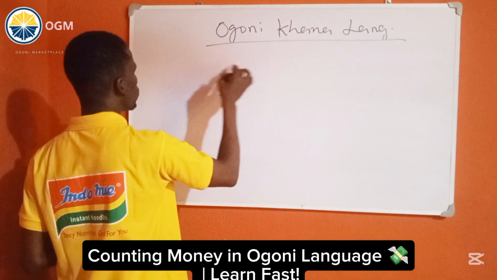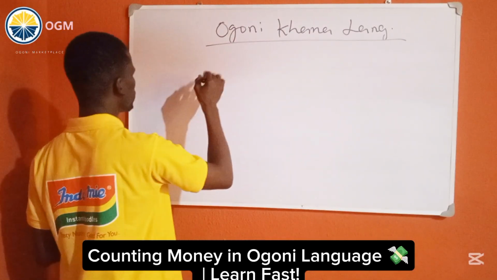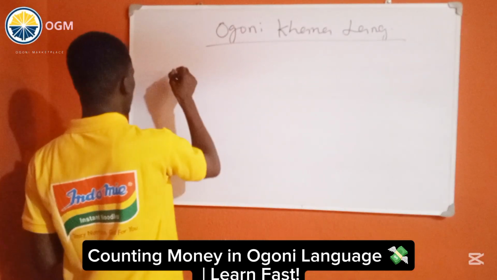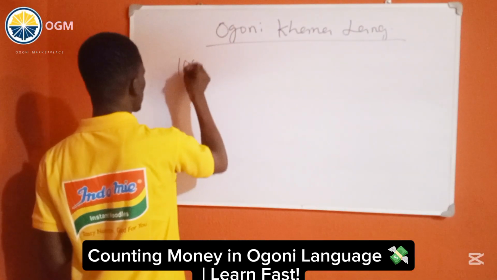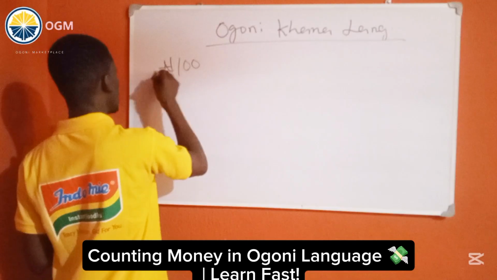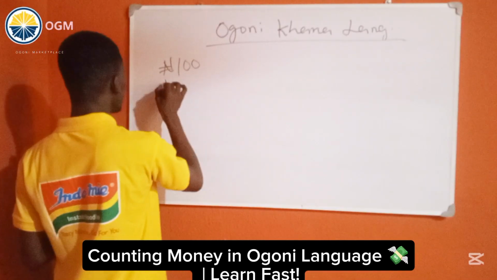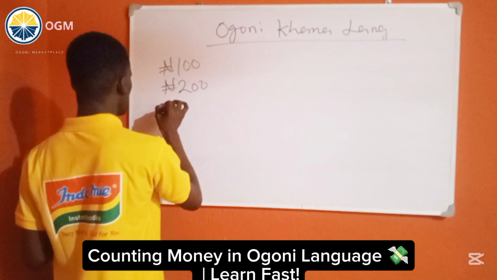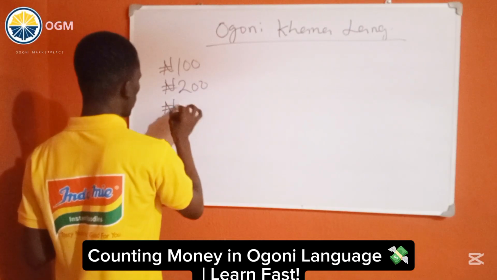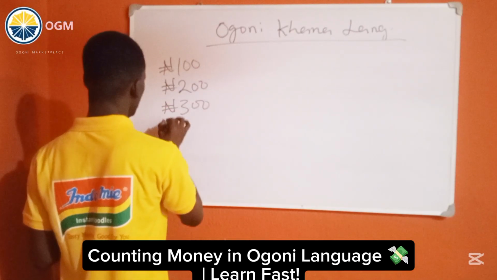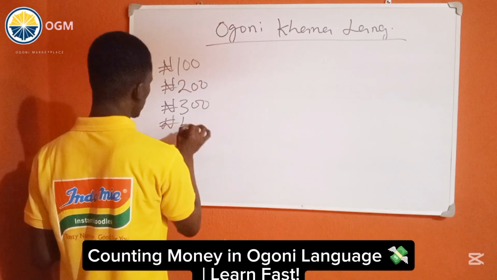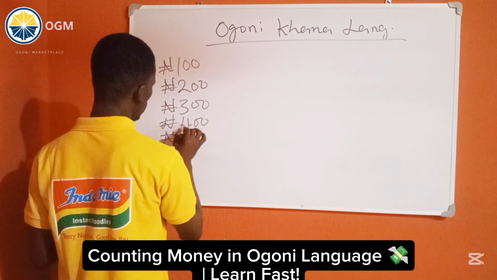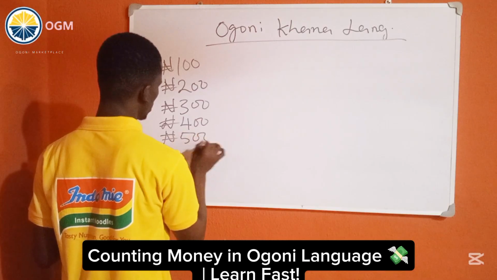So here we have, let's start with, for instance, 100 naira. We have here 200 naira. Here 300 naira, 400 naira and 500 naira.